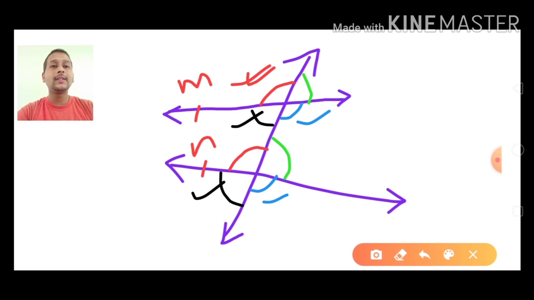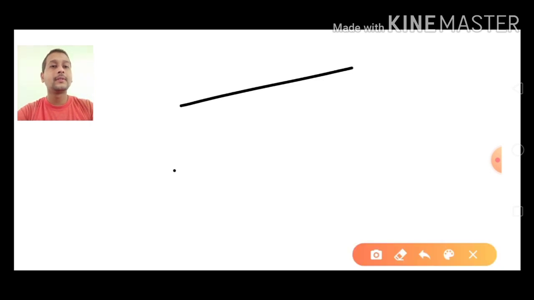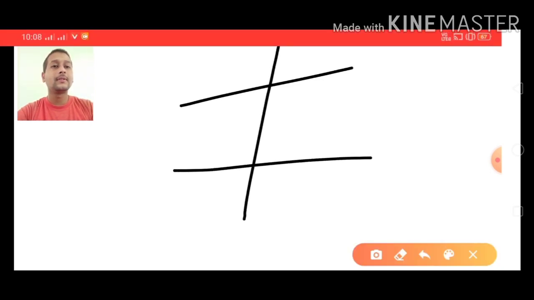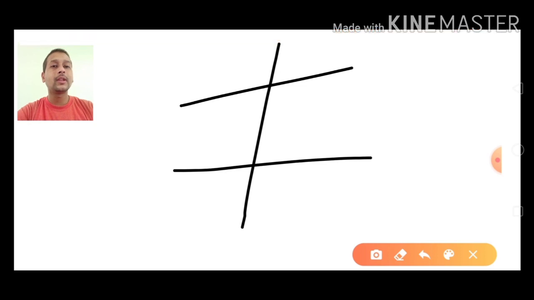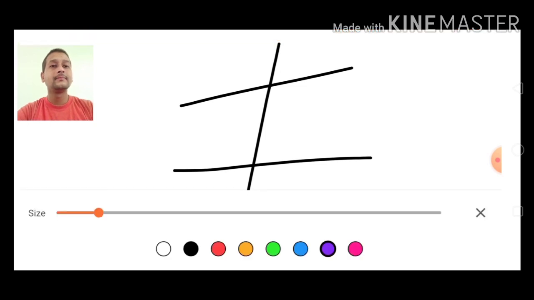So if I draw again two lines, which are the corresponding angles? This angle and this angle, then this angle and this angle, corresponding angles in the above part.